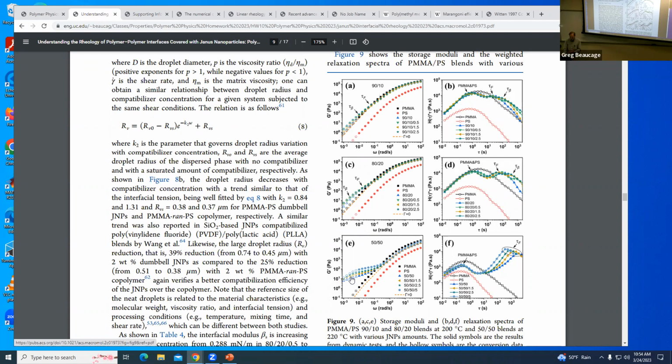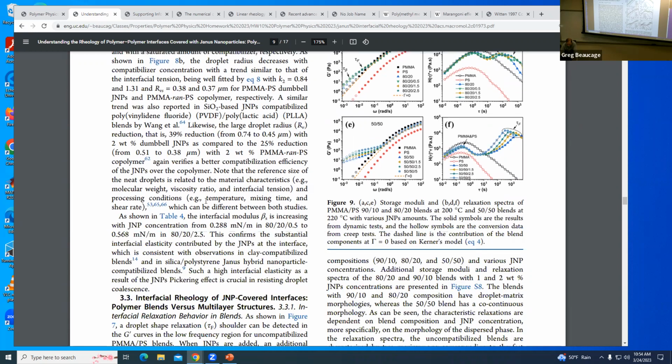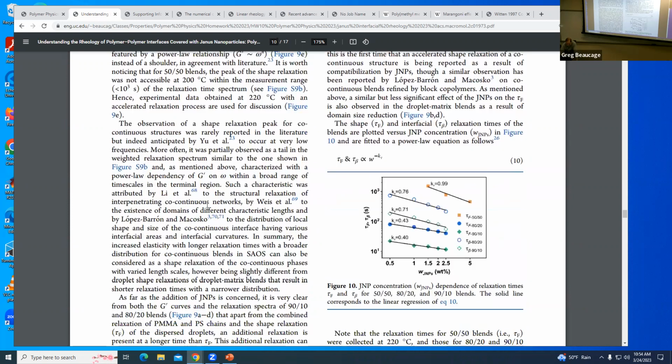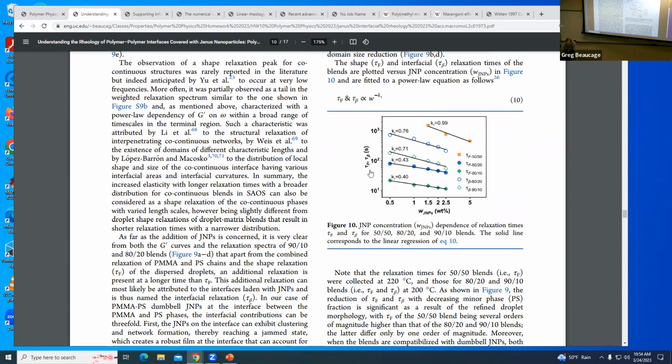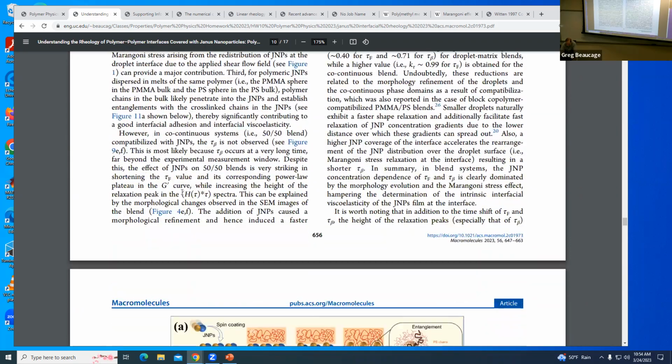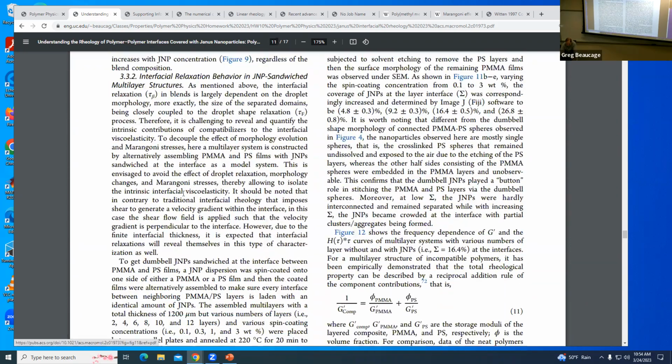None of these are stable, they're all non-equilibrium. So basically, in the time when he's looking at it, it's a network, and it shows that kind of network behavior of G prime. So that's good. That's kind of interesting. So he's done a pretty thorough job of looking at this, like the power law dependence on frequency of those relaxation times. And there's a lot of things in here.